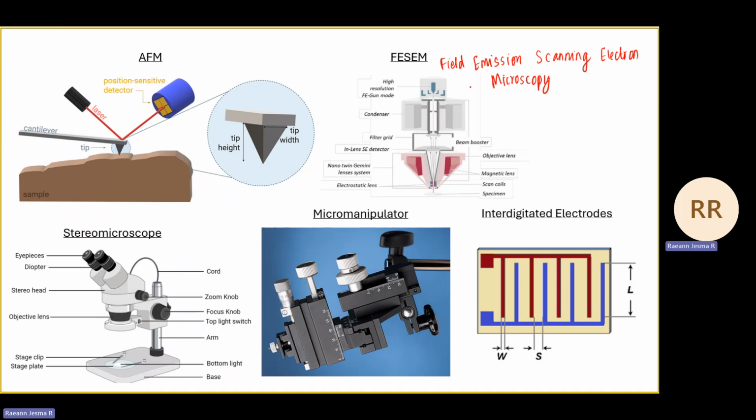It uses electron beams in order to create high resolution images. So it is generally used for imaging samples. You can use this for measuring the surface topography or interacting with the surface.